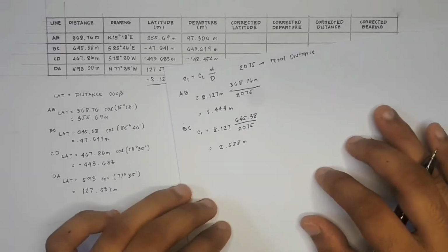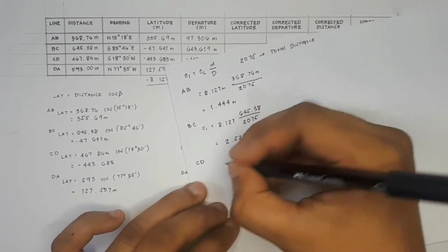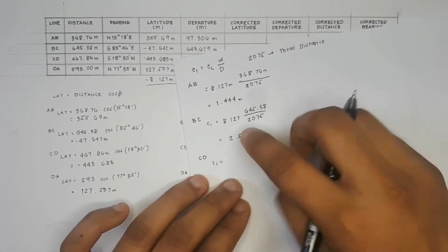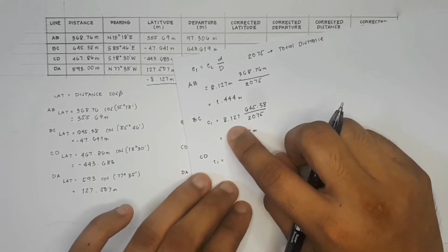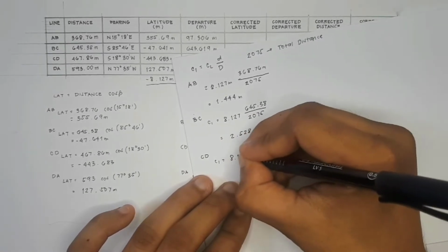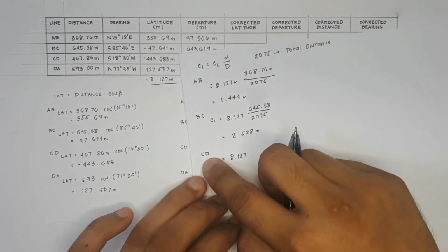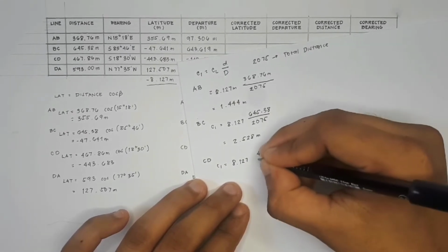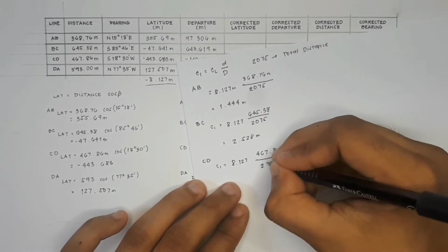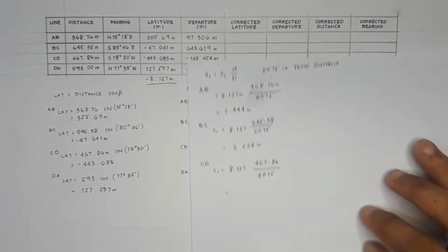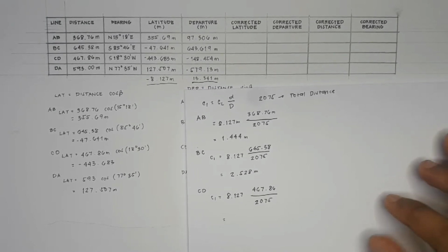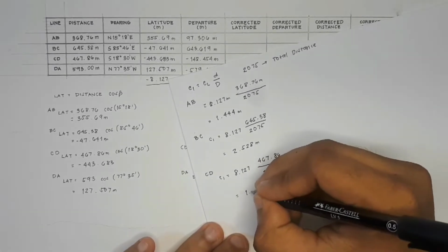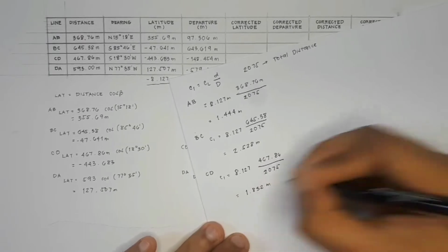Next we have line CD. The correction on latitude is equal to the total closure along the latitude, 8.127 meters, times the distance of line CD, which is 467.86 meters divided by the total distance, 2075, and this will give us 1.832 meters.